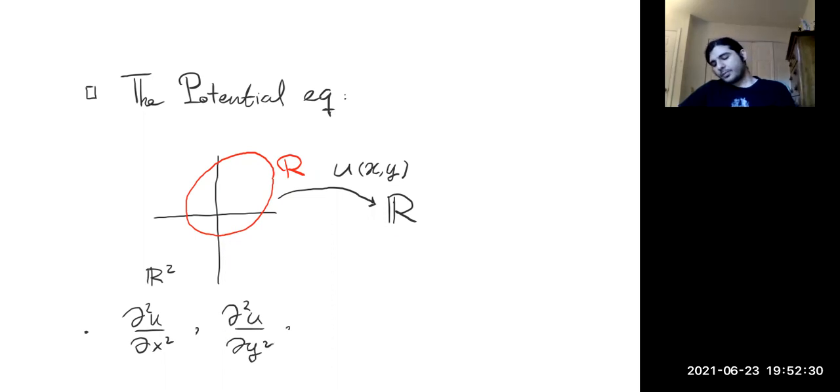And there are other mixed derivatives. There is an operator defined for these functions called the Laplacian.